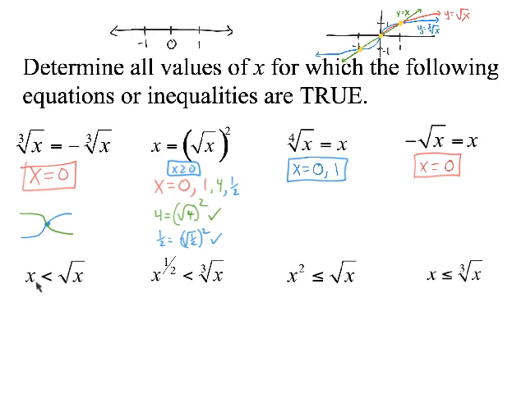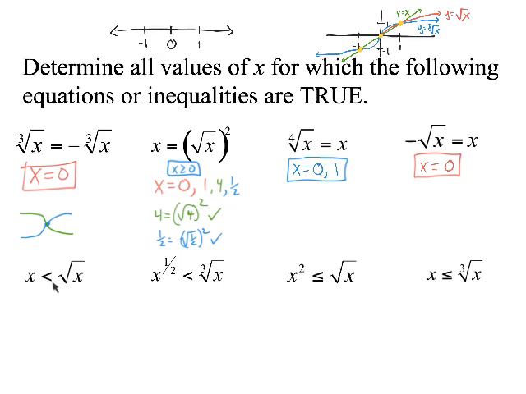Alrighty. When is a value smaller than its square root? Well, if we look at the graph, when is the green graph smaller than the red graph? Well, right here, isn't the green graph bigger? But between 0 and 1, isn't the green graph below the red graph? So couldn't we say anything between 0 and 1 would be true?